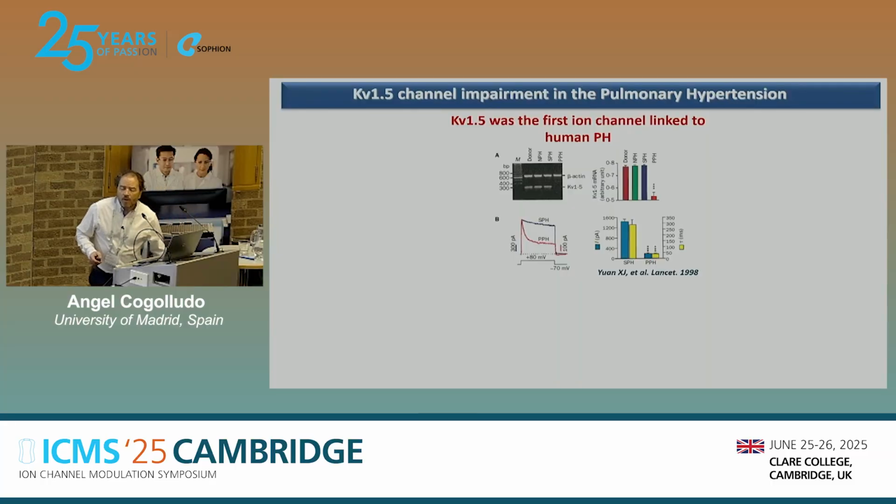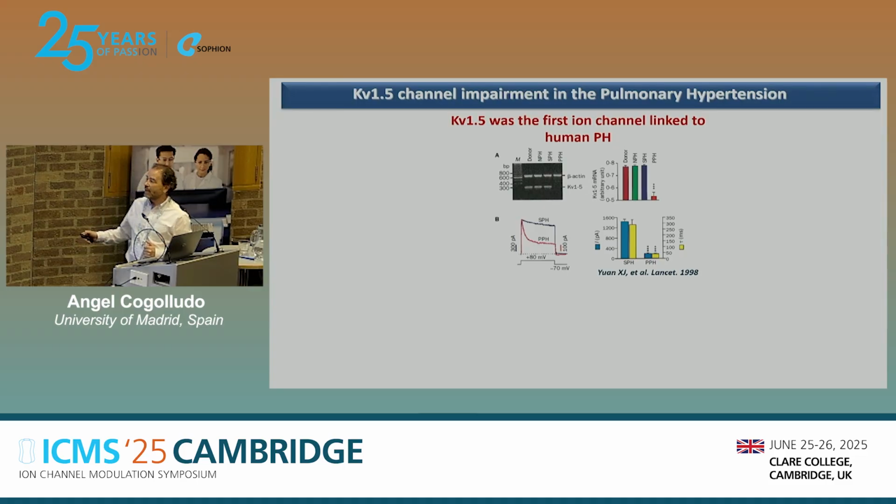Now, why Kv1.5 channels in particular? Well, there are some potassium channels that have been known to be dysregulated in pulmonary arterial hypertension, but Kv1.5 channel was the first ion channel to be linked to this disease.